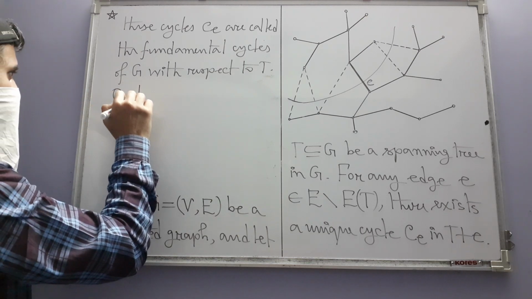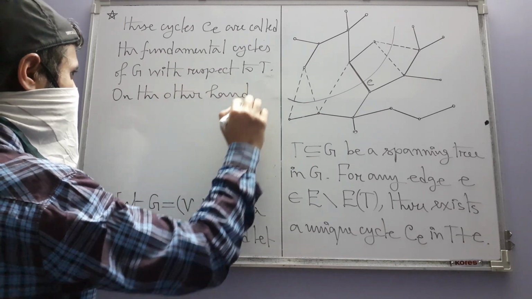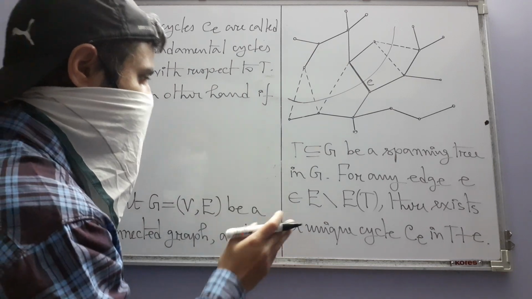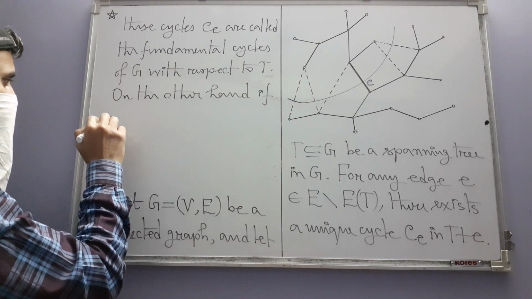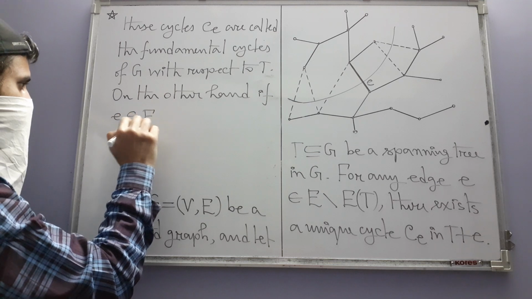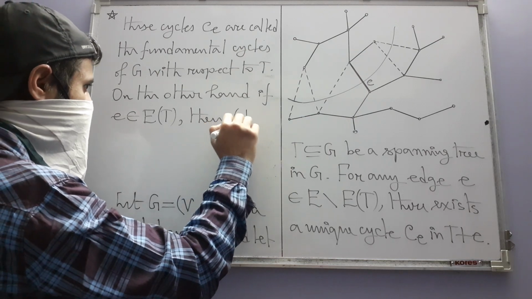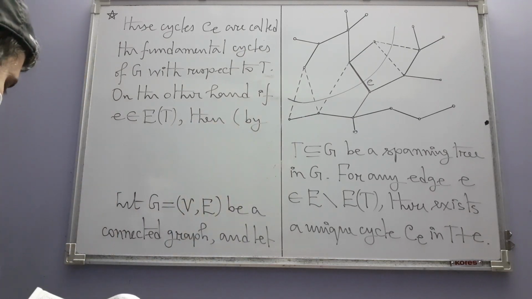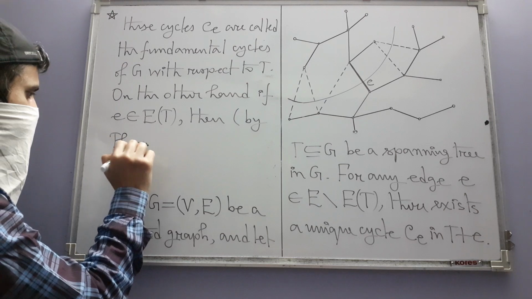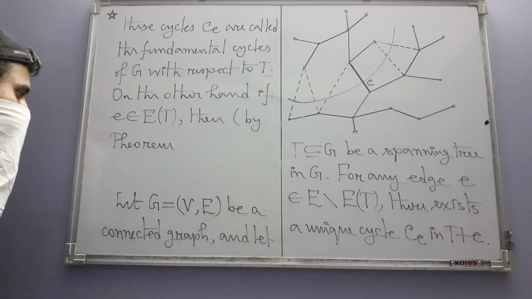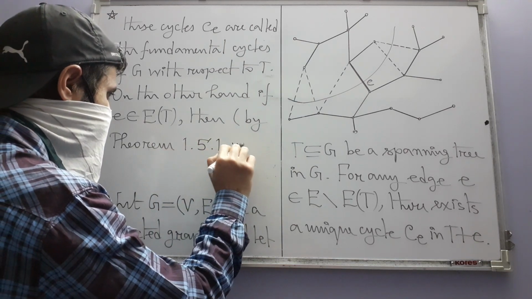On the other hand, if you choose an edge now from the tree itself, if e belongs to the edge set of the tree, then so this is the result I was talking about from Theorem 151 part 3.